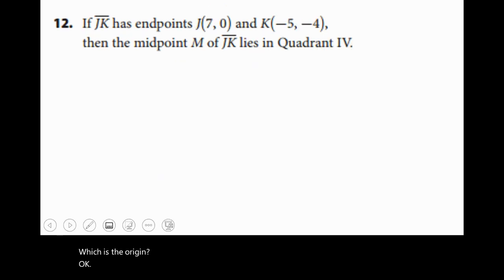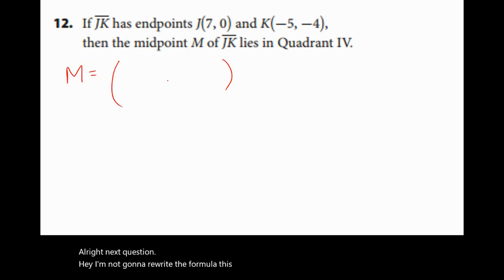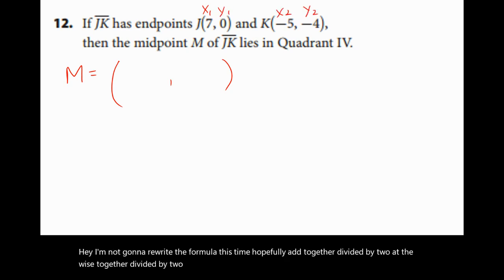All right, next question. Okay, I'm not going to rewrite the formula this time. Hopefully you know, add the x's together, divide them by 2, add the y's together, divide it by 2, right? So let's go with this one. We got 7 plus negative 5. Those are my x's.